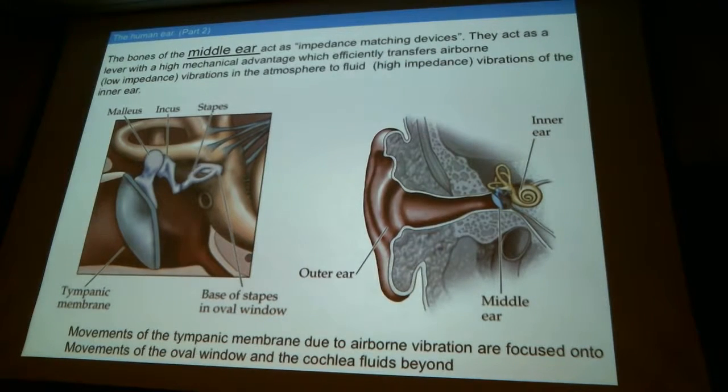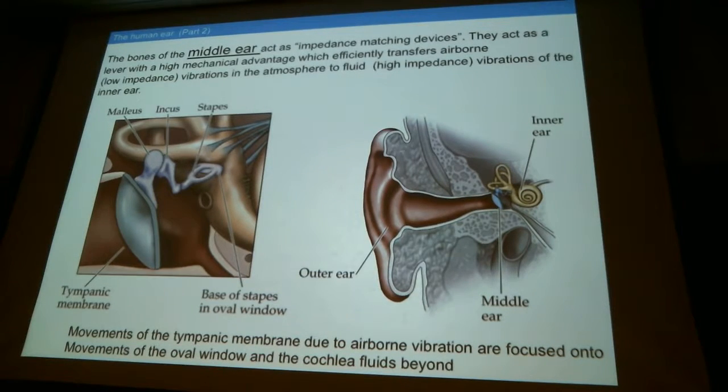Mammals and many other animals are tympanic hearing animals. They have this thing called a tympanic membrane, also known as the eardrum. And behind it are a series of three bones. These three bones, the malleus, incus, and stapes, really function as an impedance matching device.